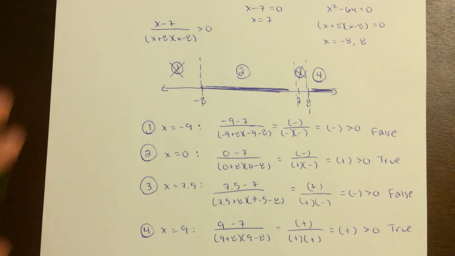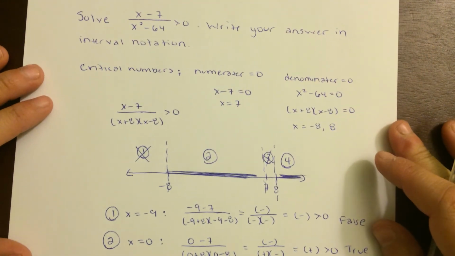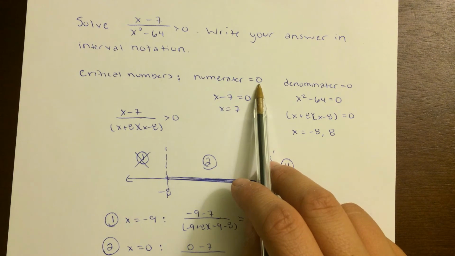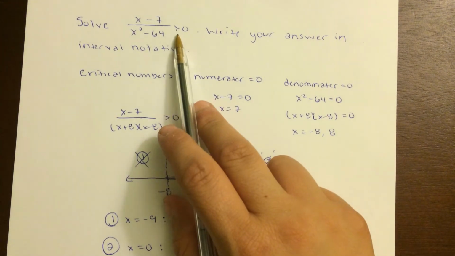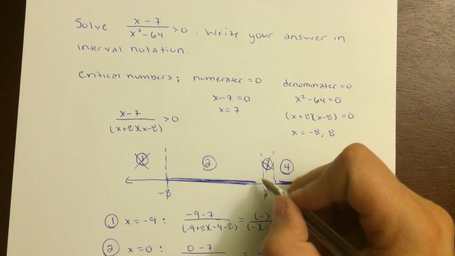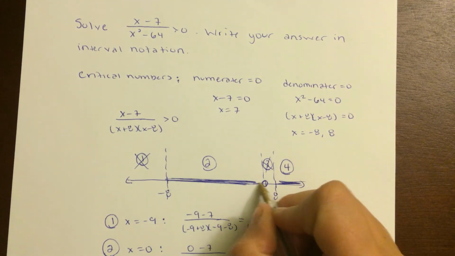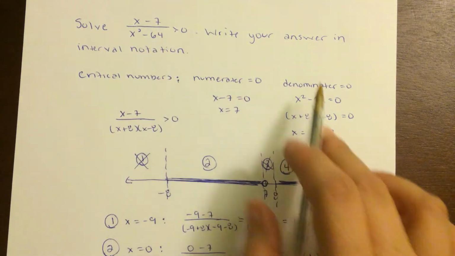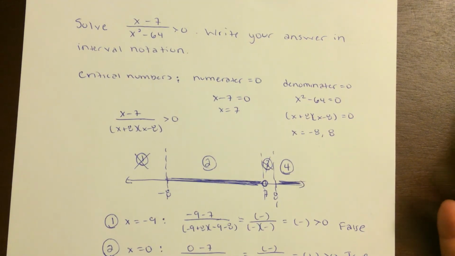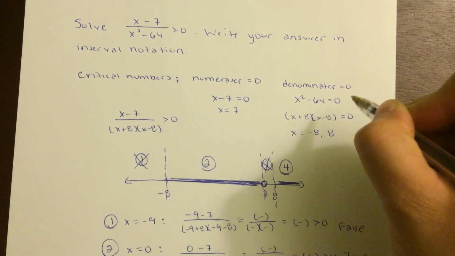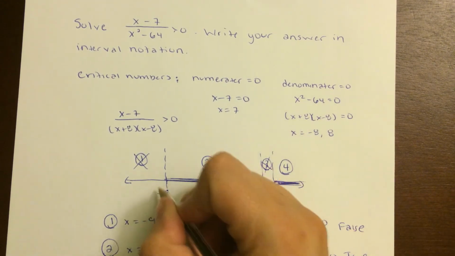Now, coming back up here to these critical numbers. In the case where the numerator equals 0, that's not supposed to happen because this inequality is supposed to be strictly bigger than 0. So technically, this should be an open circle here at x equals 7. Now, in the denominator, when it equals 0, that's a problem. So whenever the denominator equals 0, these numbers are always open circle. Always.